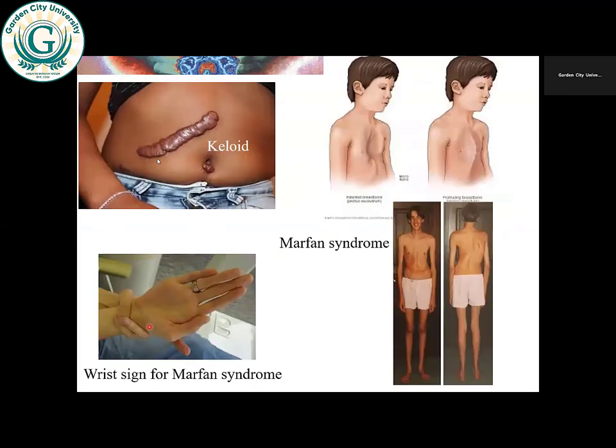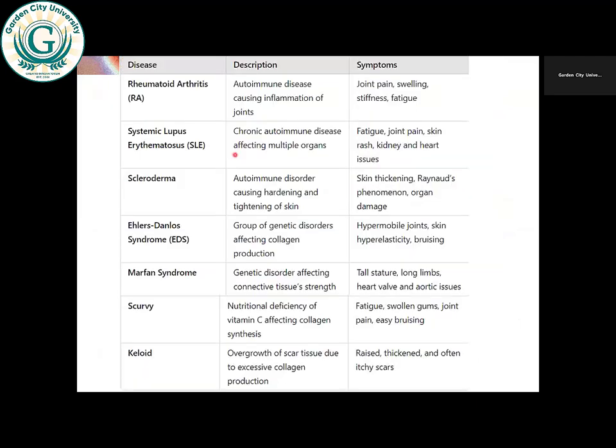Now, if you look at keloid, this one has to do with what? Of course, when there's a cut and it is healed, but then when you have abnormal prolongation of these collagen fibers, you have keloid forming.